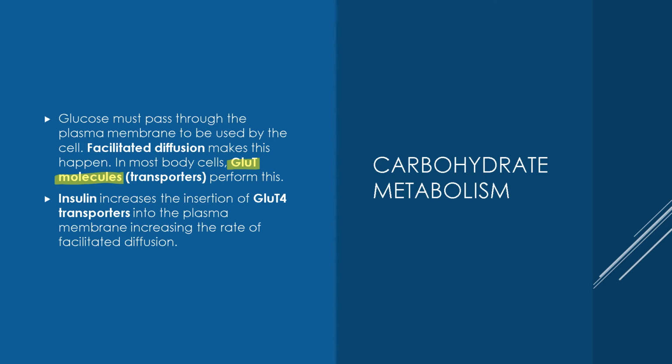This is a family of transporter molecules that bring glucose into cells by facilitated diffusion. So in all other cells of the body, not in the gastrointestinal tract, glucose can enter using these GLUT molecules by facilitated diffusion.